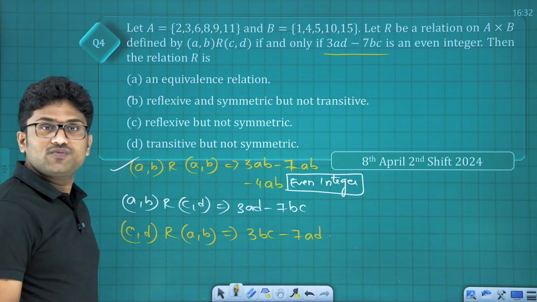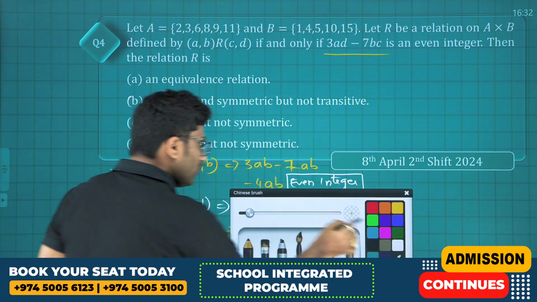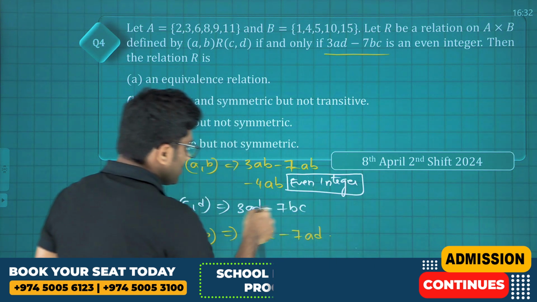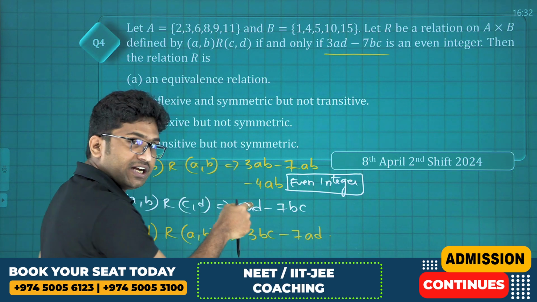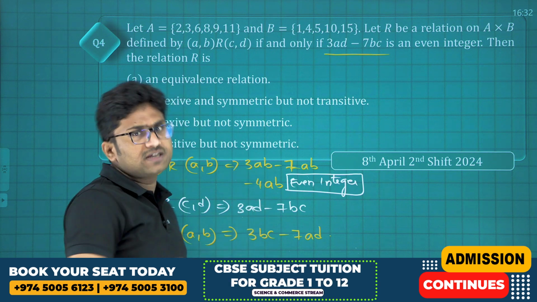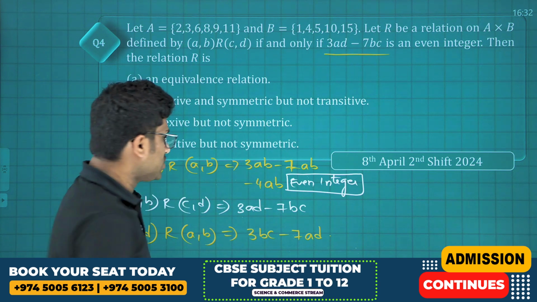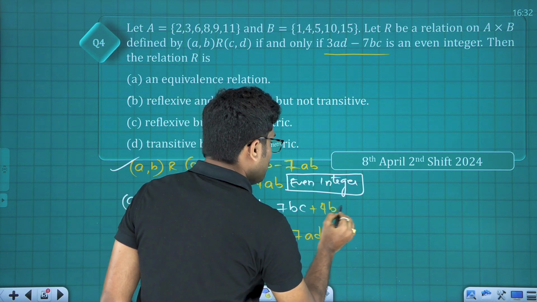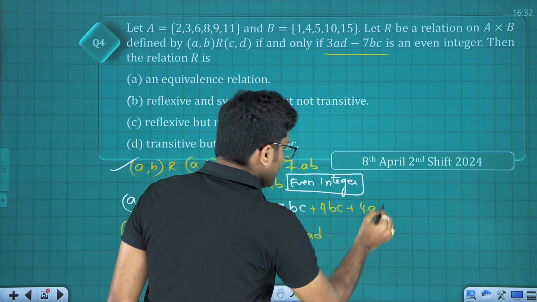We do one thing, friends. Anyhow this previous one is an even integer only. So if you add an even integer to this even integer, the result should also be even. There won't be any change. So let's add 4BC plus 4AD.